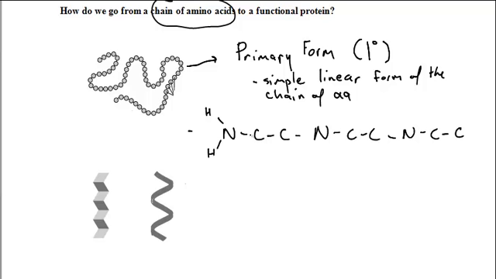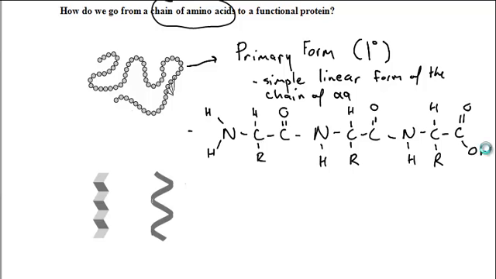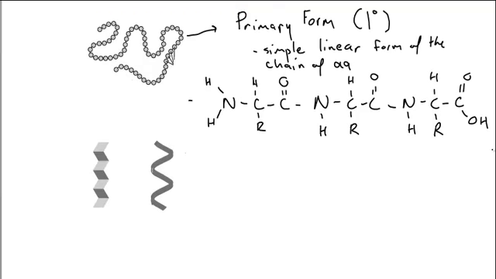Finish your amine group, hydrogen off the central carbon, remainder group, double bonded oxygen, double bonded oxygen, OH of the carboxyl group. So you might see something like that.